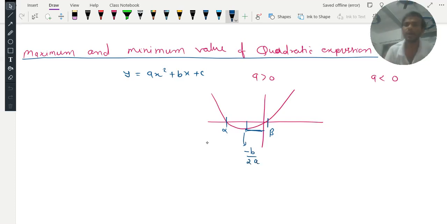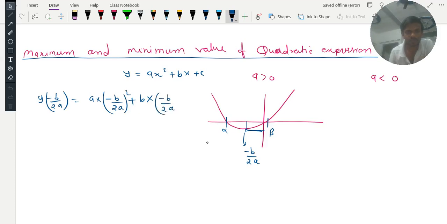How do we find minus b upon 2a? Alpha plus beta divided by 2. What is the value of alpha plus beta? It is minus the coefficient of x upon the coefficient of x square. So we have to find the value of y at minus b upon 2a. So this will become a multiplied by (minus b upon 2a) whole power 2, plus b times minus b by 2a, plus c.